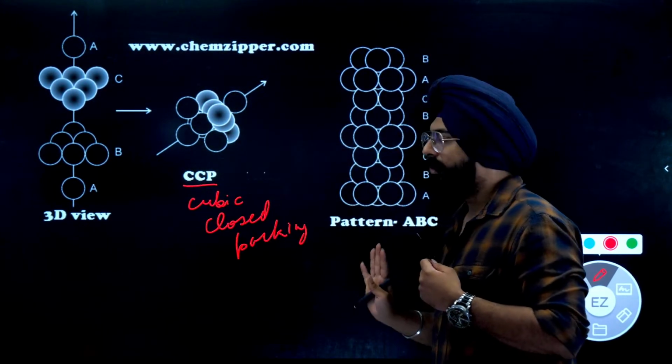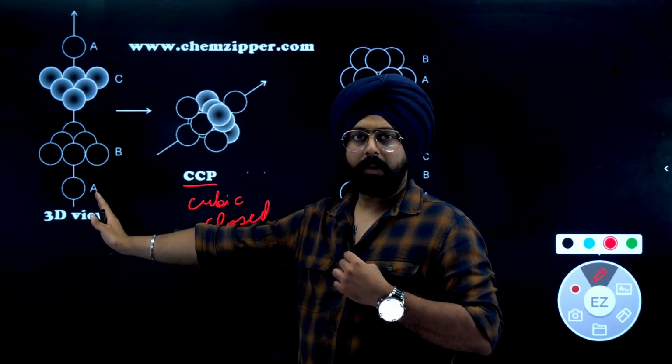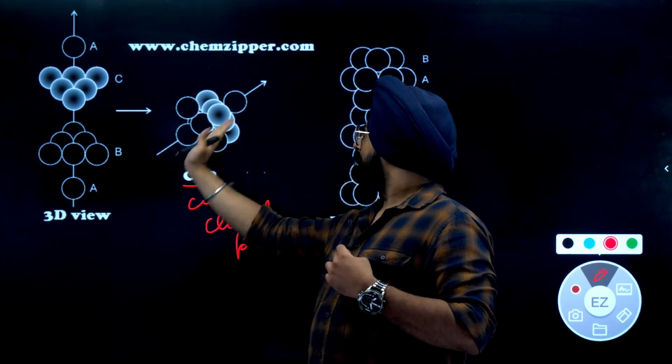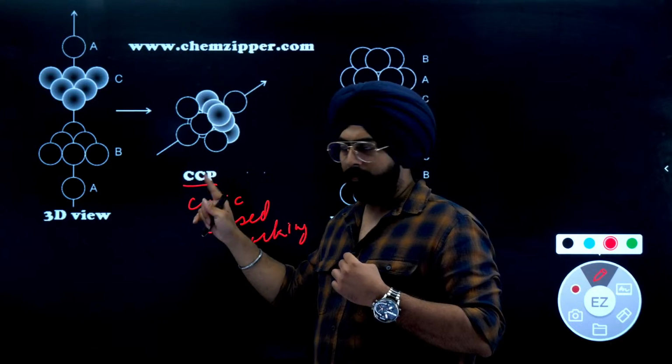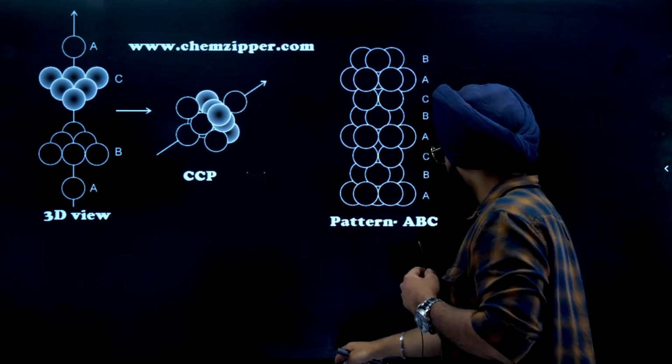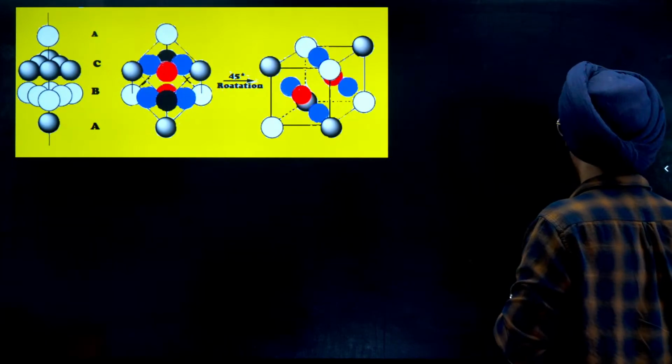This is one way to visualize it, okay? You take these atoms from the ABC layers, tilt it, this is what you get. Looks like FCC. Okay. एक और image देख लेते हैं. This looks even better.